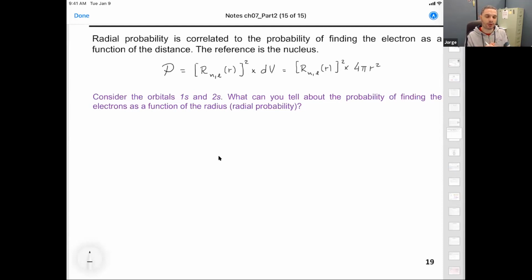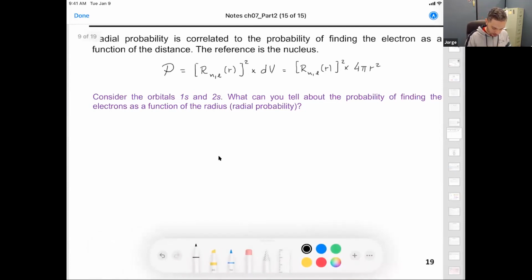Which one would be the closest to the nucleus? And for which one is the probability higher further from the nucleus? Think about that.